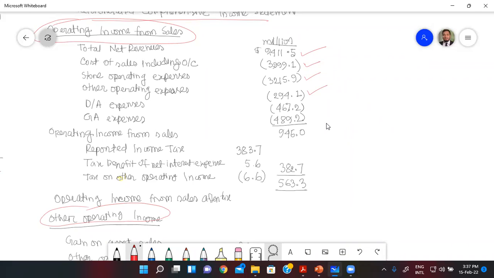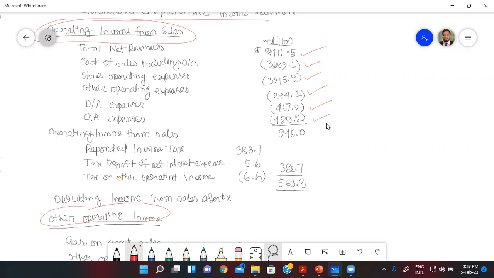Next one, depreciation and amortization. This is obviously an operating item. No confusion with this. General and administrative expenses, 89.2 million. And we know that general and administrative expenses are necessary to make my goods sold to the customers. Okay, fine.